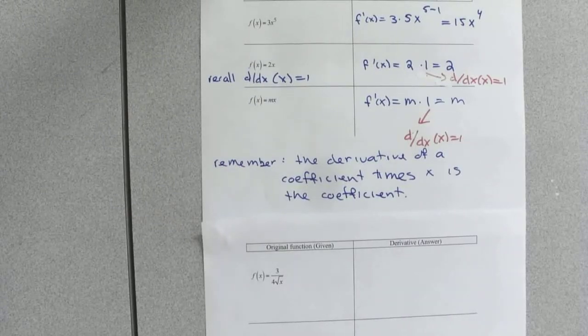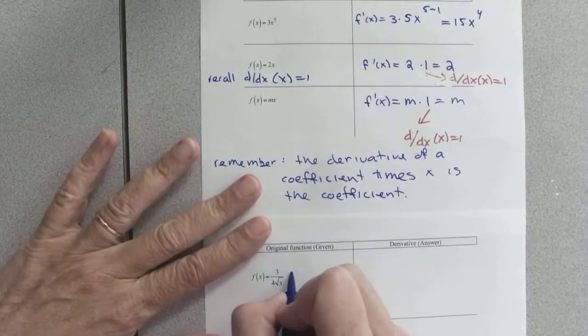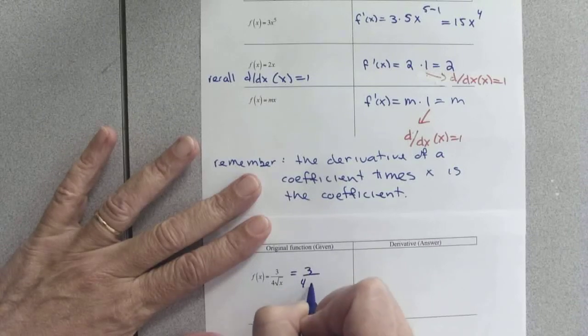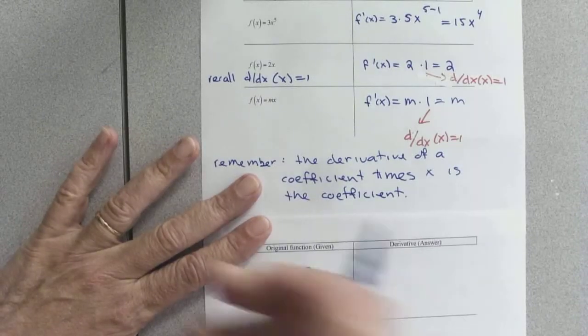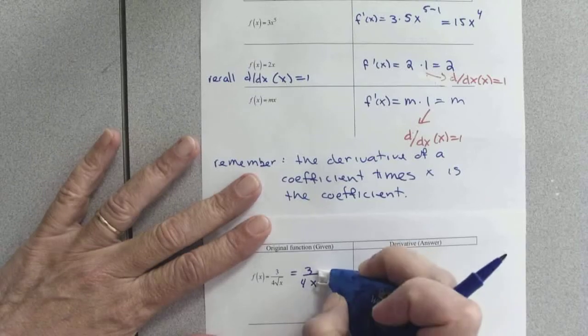Okay, working with this some more. First thing we want to do, anytime you can rewrite the original function so it doesn't involve a radical, so it doesn't involve a fraction, you do that. Exponents are easier than fractions, and we're always going to rewrite radicals. So we'll do 2 steps here. That's 3/4 x to the 1/2.